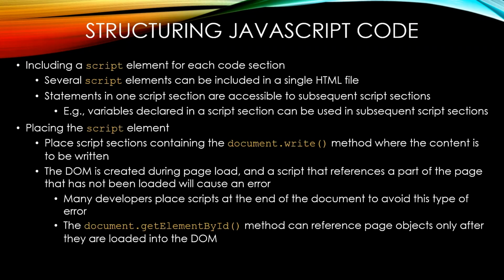And a script that references a part of the page that has not yet been loaded will in fact cause an error. So we need to make sure that those scripts are happening before. A lot of developers will put scripts at the end of a document to avoid this type of error. And we can also note that the document getElementById method can reference page objects only after they've been loaded into the document object model.